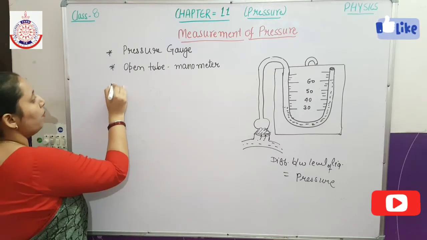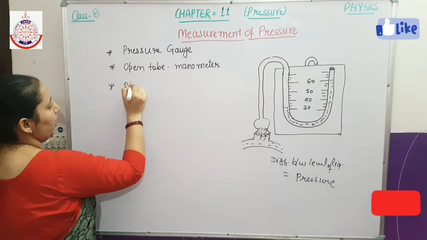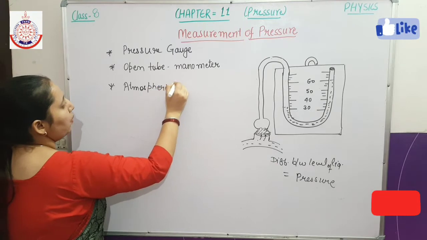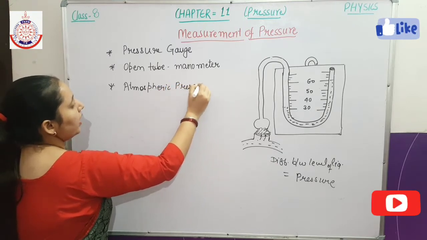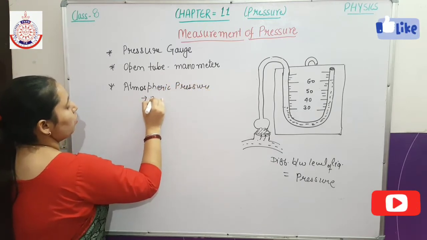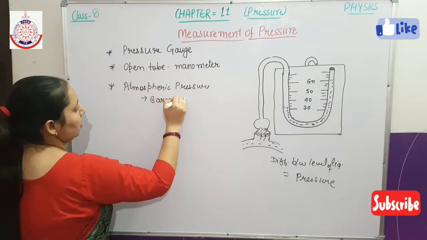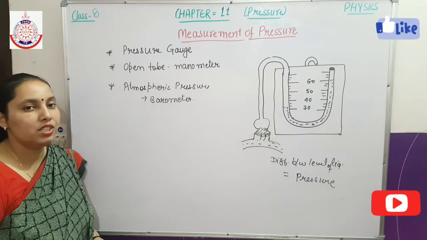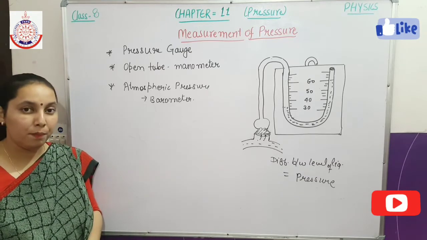If you want to measure the atmospheric pressure, we need a different instrument, known as a barometer. That is used to measure the atmospheric pressure.